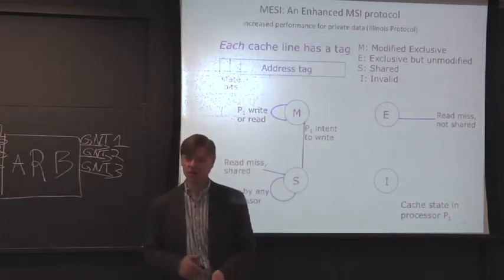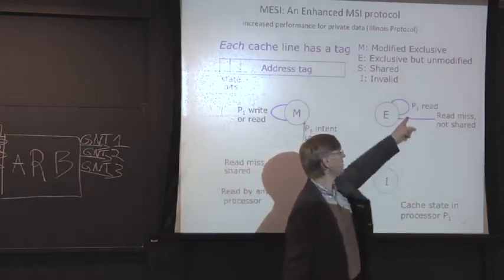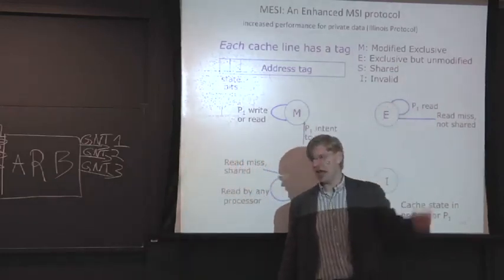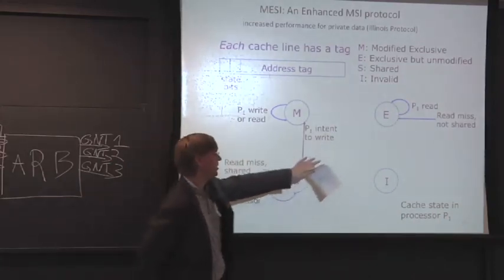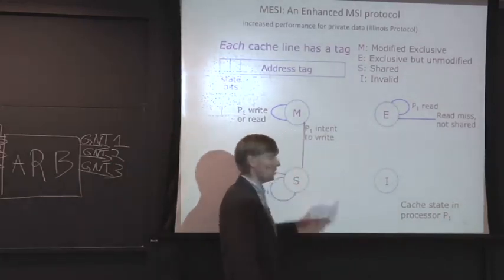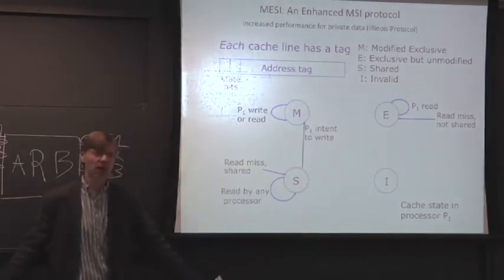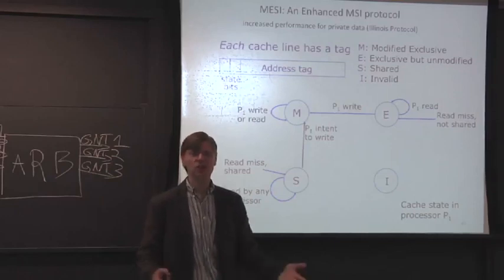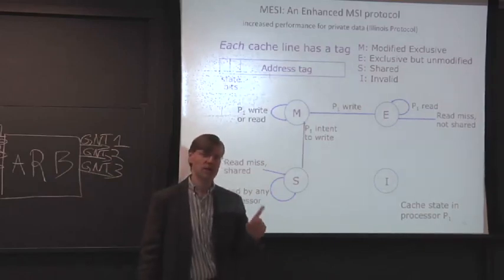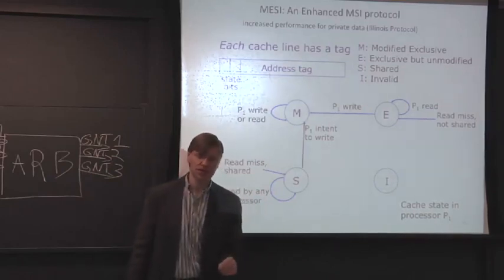Let's say processor 1 tries to do a read. That's fine. You stay here. Now, as before, the exclusive state functionally looks very similar to the shared state. You only have a readable copy of this data. If you try to do a write, you need to do something. But this is the big difference here.